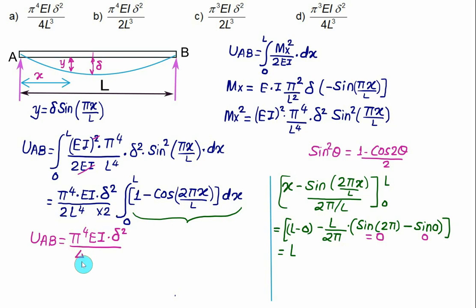We have L⁴ and this term is L, so we have divided by L³. π⁴ EI δ² / 4L³. It means that our choice A is the correct choice.